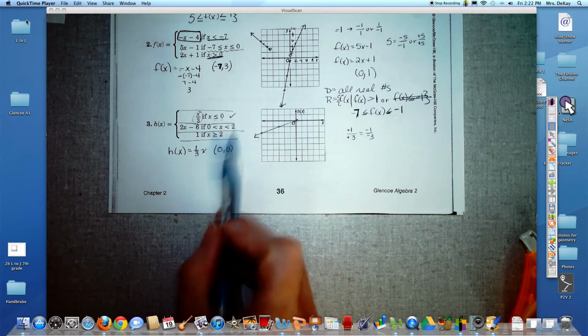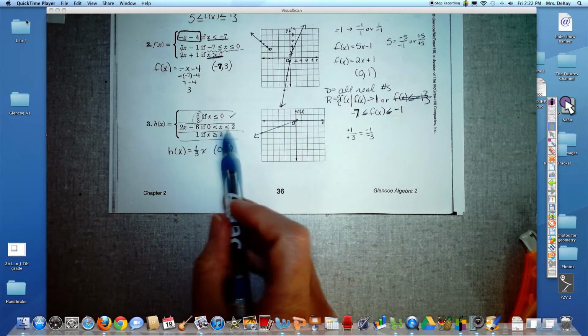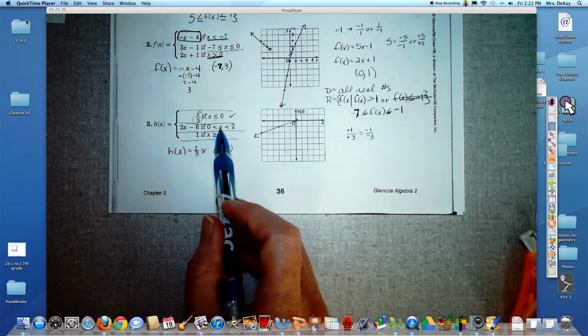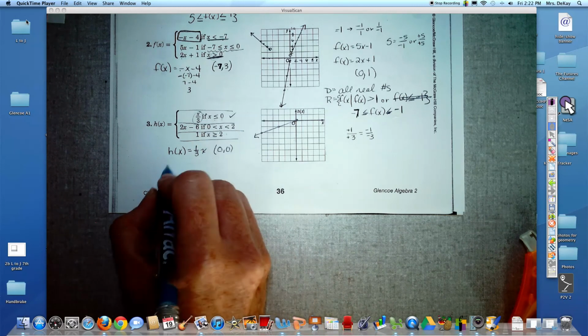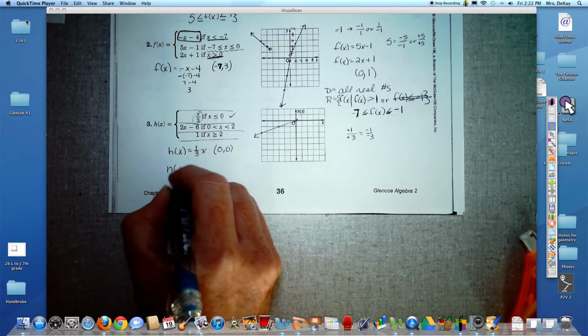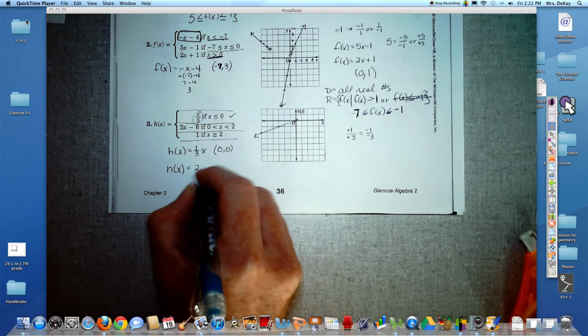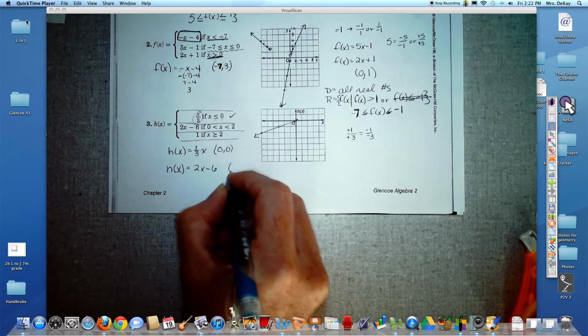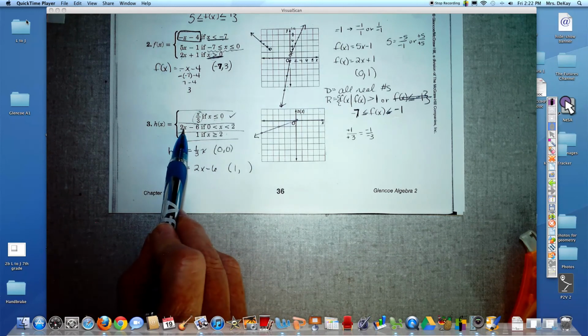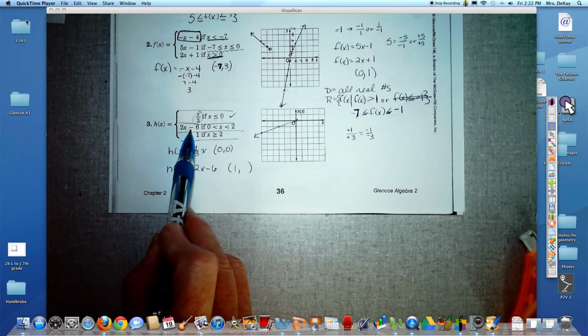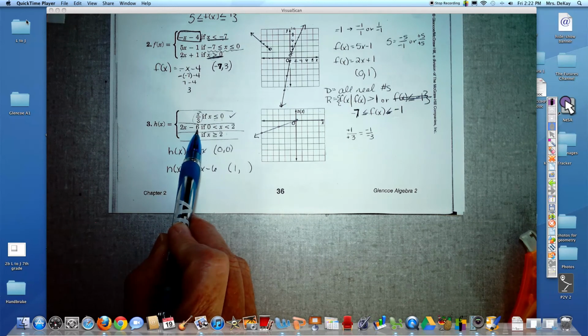Yeah. So if we pick any number between 0 and 2, what's a good number to pick? 1. Let's pick 1. Because h of x is 2x minus 6, if I pick 1 here, this is 2 minus 6, which is -4.